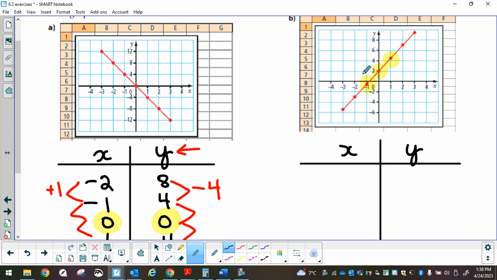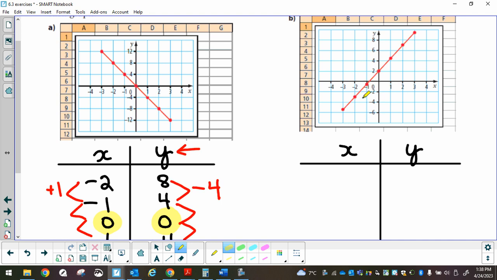Okay, you got to start in the left though. I can't start over here. So I'm going to start on this side. Now that point is very hard to read. It's -1 on the x-axis, but I do not know what it is on the y. So here, I'm going to change my story.